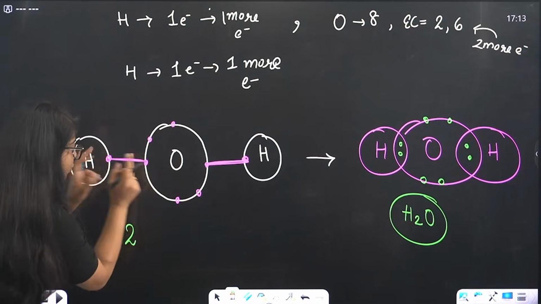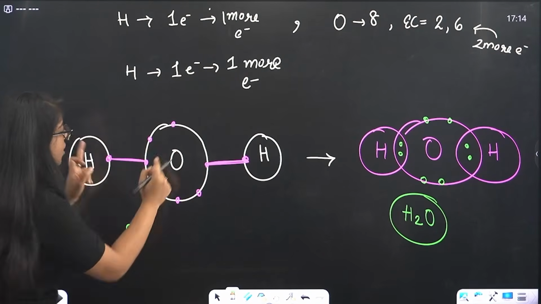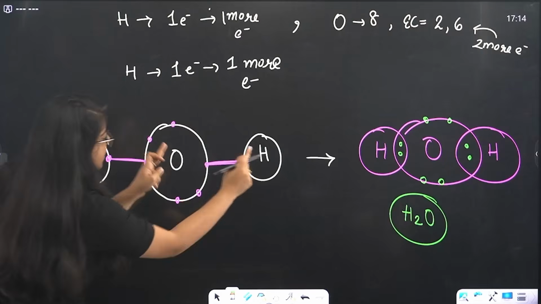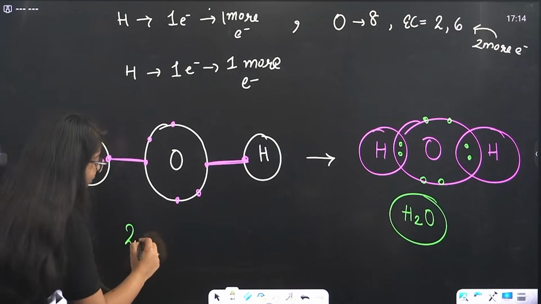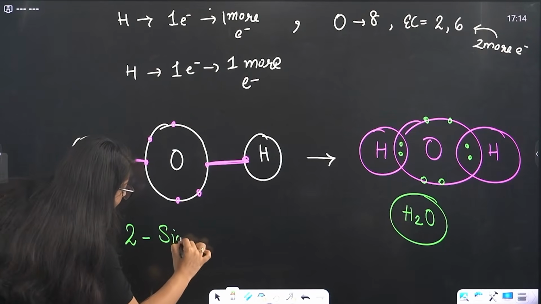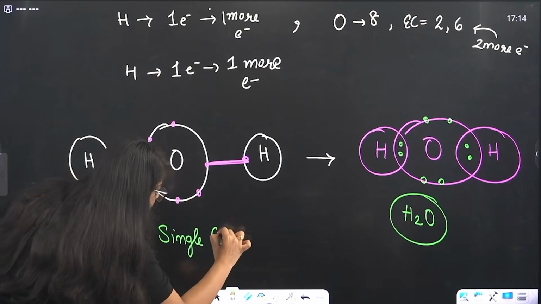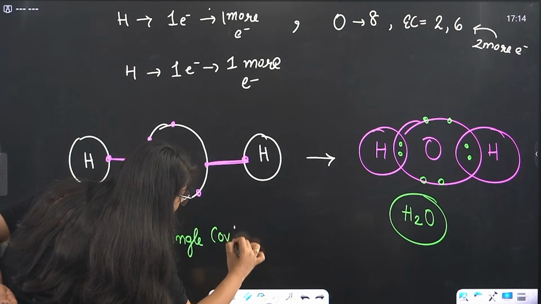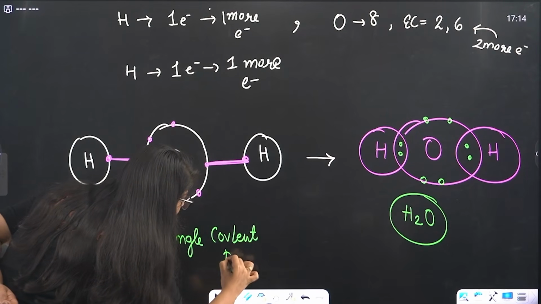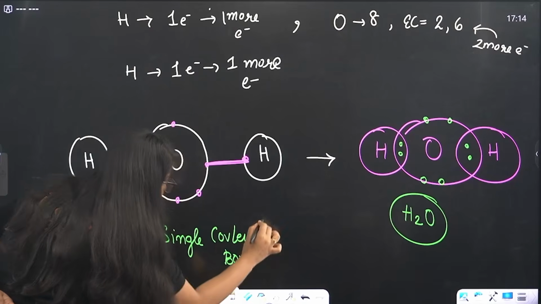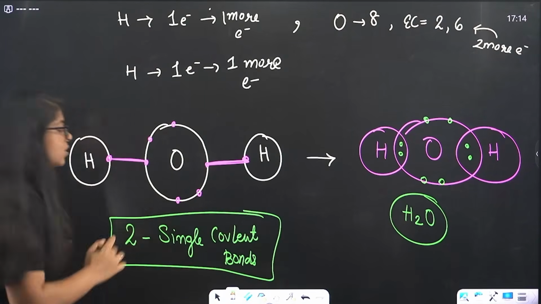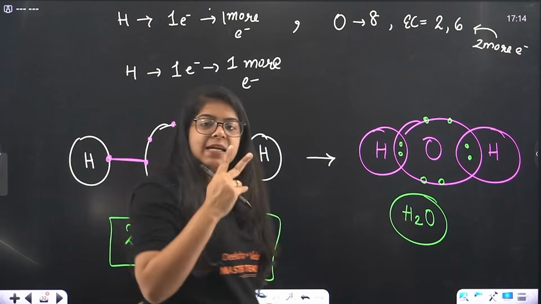These 2 are sharing 2 electrons, making a single covalent bond, and these 2 are sharing 2 electrons, making another single covalent bond. So we are making 2 covalent bonds, both of them single.